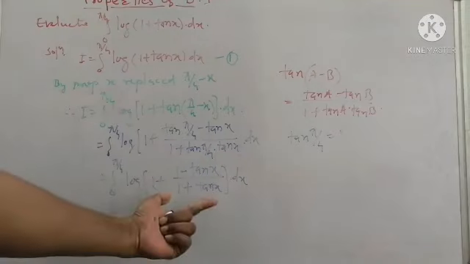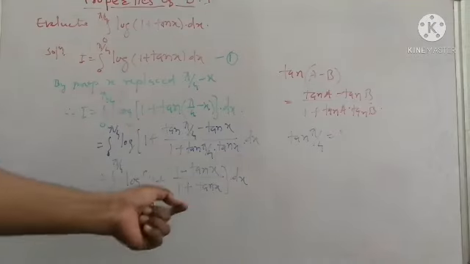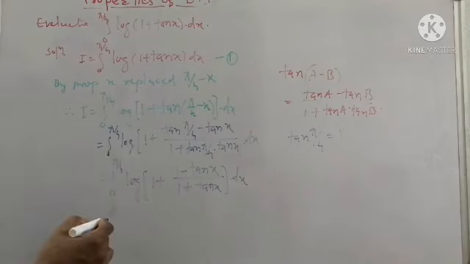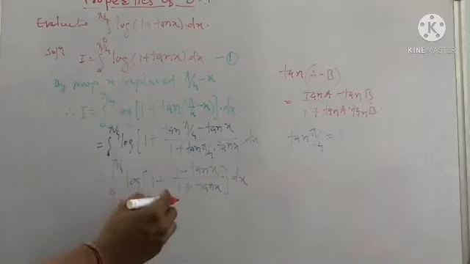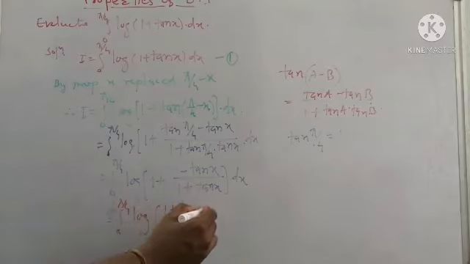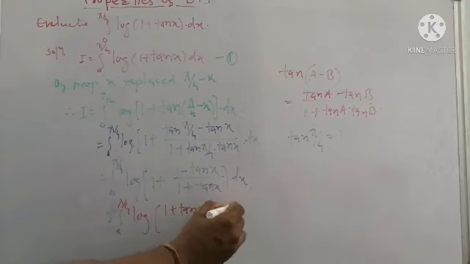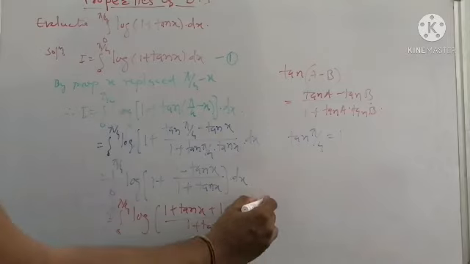In the bracket there is an addition, so we take cross multiplication to make a common denominator. So 0 to pi by 4 of log of, by multiplying the denominator, we get the numerator of the first term as 1 plus tan of x, and the second term has numerator 1 minus tan of x, divided by the denominator 1 plus tan of x, bracket complete, into dx.